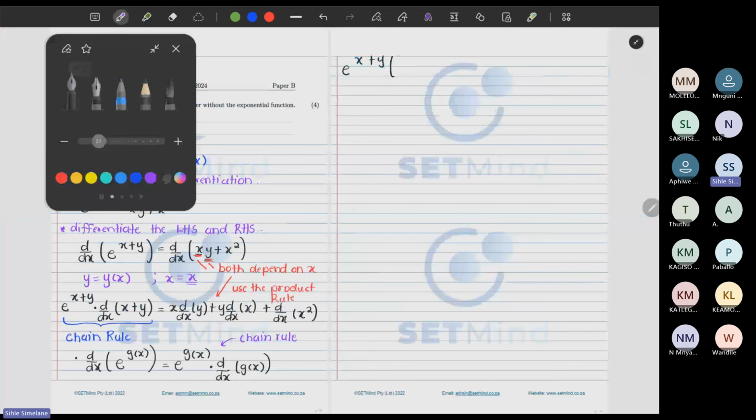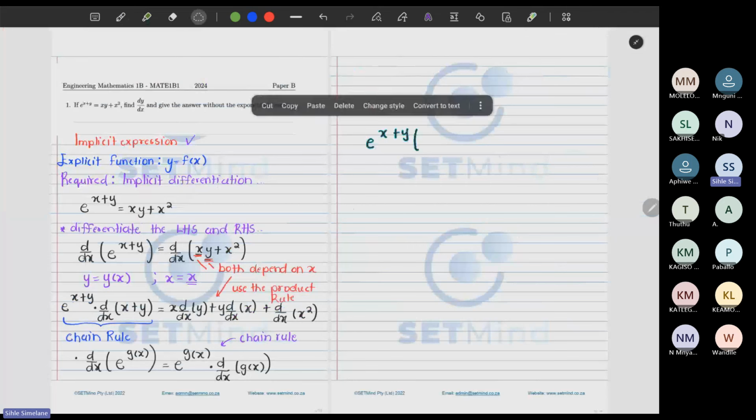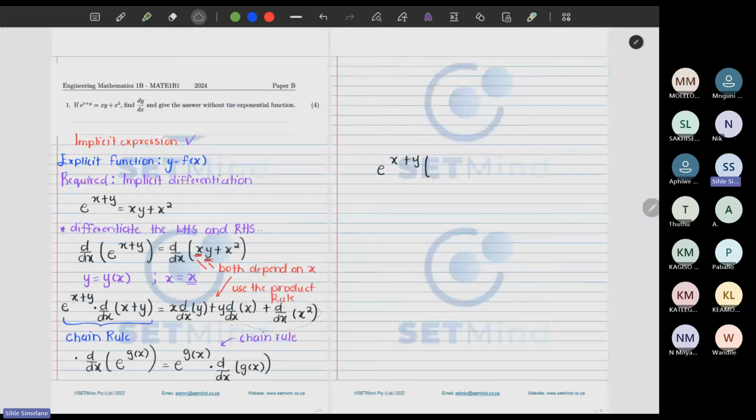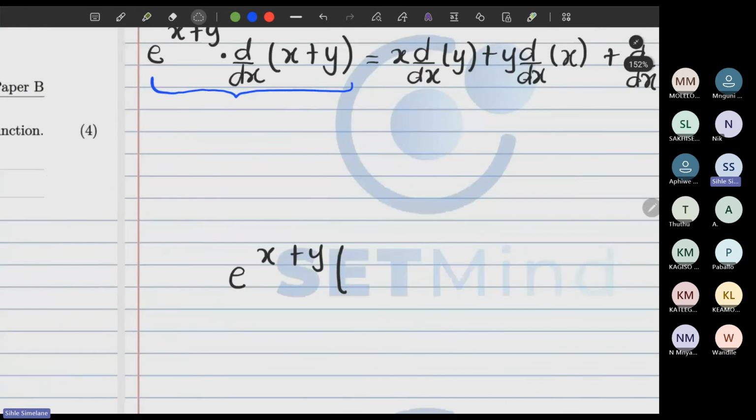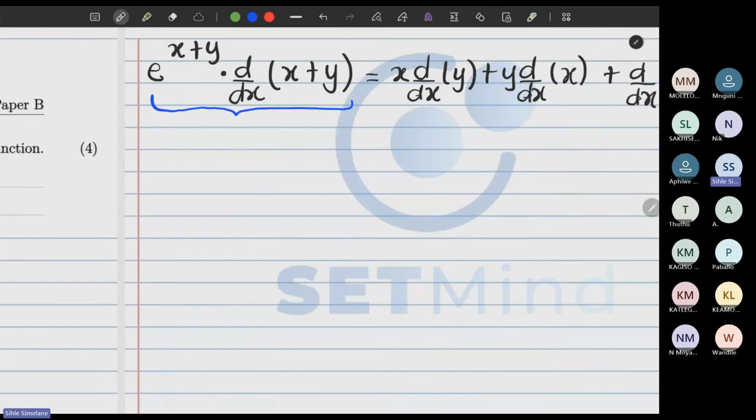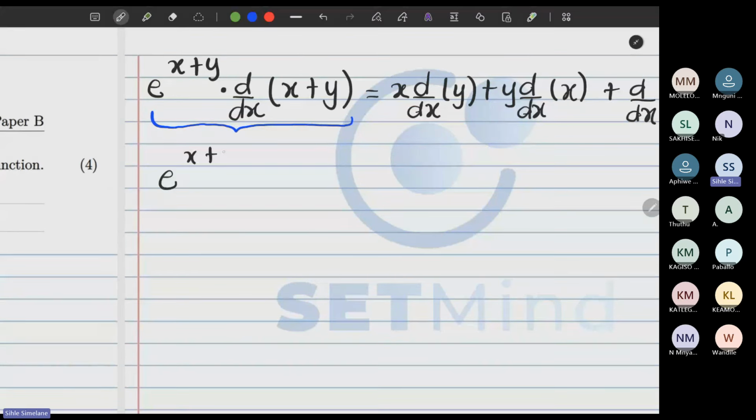Thanks for that. So guys, let's now go and have a look at the step, and I'll need you guys to participate. Remember, you are not here to watch, and maths is not a spectator sport. If I derive what is inside the bracket there, what do I get? So I'll put up the e to the x plus y, open bracket. What should I put?